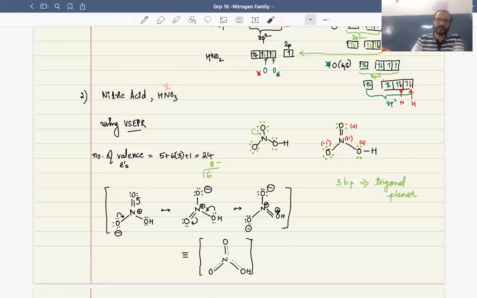Coming to the various resonance structures that you can draw, this is pretty familiar to you. So 3 different resonance structures we can draw, and then this would be the hybrid structure of the nitric acid that can be drawn. As you can see, all these 3 structures are electrically neutral because we have one positive and one negative charge, so both of them are electrically neutral.